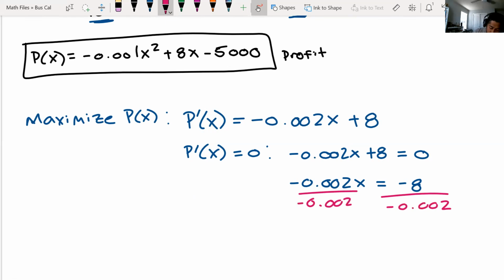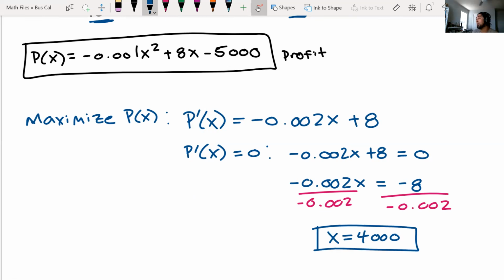And 8 over 0.002 gives me 4,000. And this means 4,000 markers. Okay, so in order to have a maximum profit, we need to produce 4,000 markers.